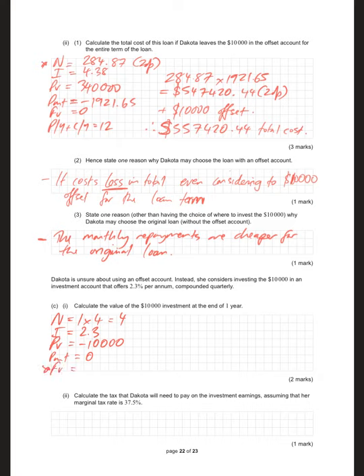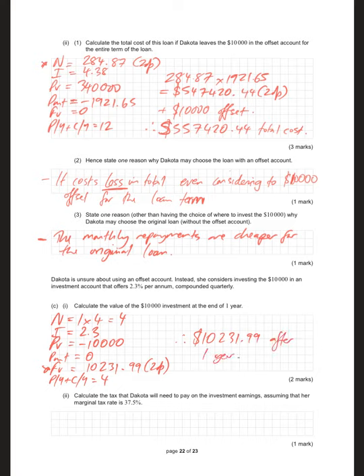Solving for FV, PY and CY compounding quarterly, so both 4. Negative 10 grand, 0, 4 for both. Alpha, enter. 10,231.99 to 2 decimal points. Therefore, $10,231.99 after 1 year.